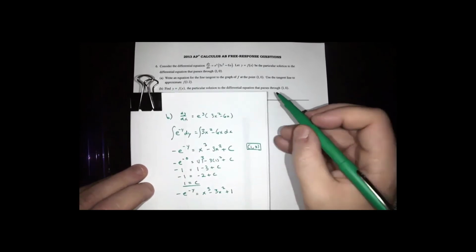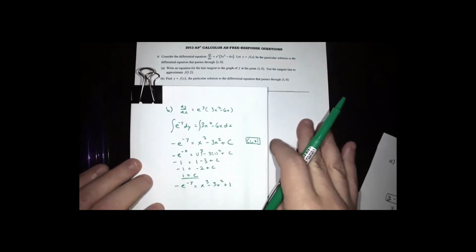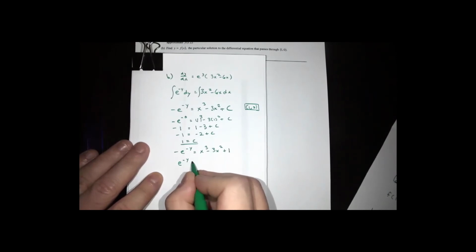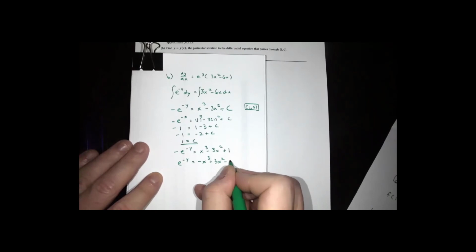But the problem does specifically say that they wish for it to be y equals f of x. So the last thing I'll do here is actually solve for the y. So multiplying through by negative 1 yields e to the negative y equals negative x cubed plus 3x squared minus 1.